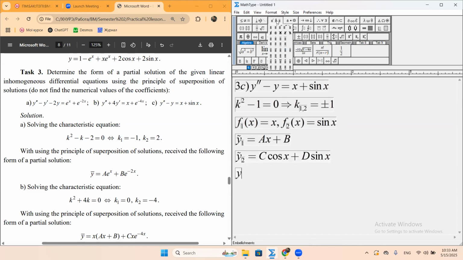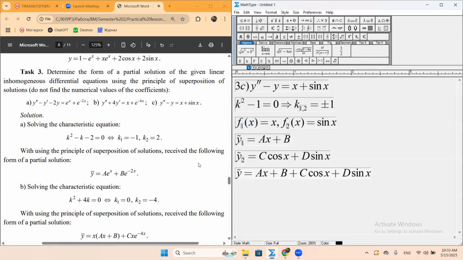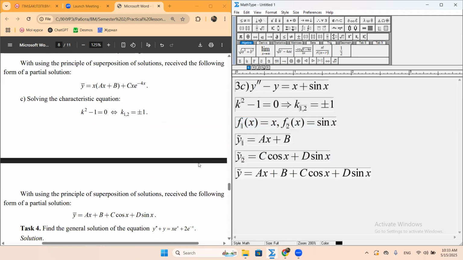So the general form of the partial solution will be the following: ax plus b plus c cosine of x plus d sine of x. So, found it. Any questions about this exercise?